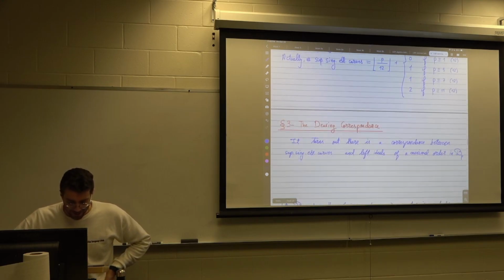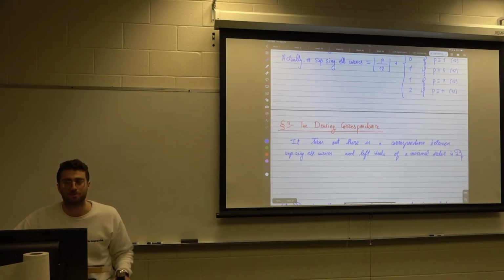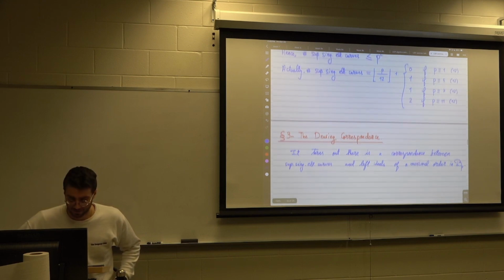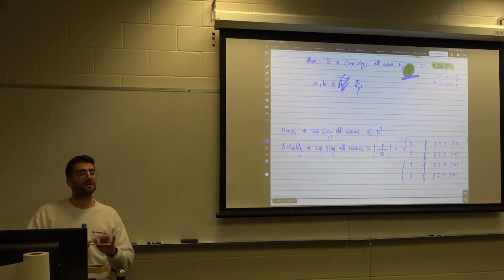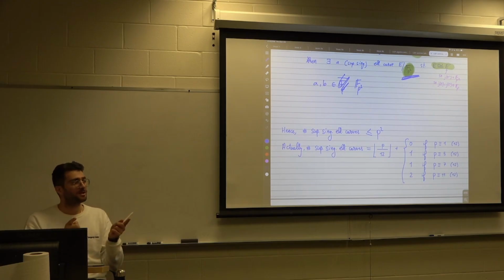Okay, I'm going to speed up a tiny bit, but I don't want to lose anyone, so let me know if I speed up too much. There's a very important correspondence that we can make. So what about isomorphism? If you have an isomorphism between two elliptic curves, they either both have to be supersingular or neither of them is supersingular.